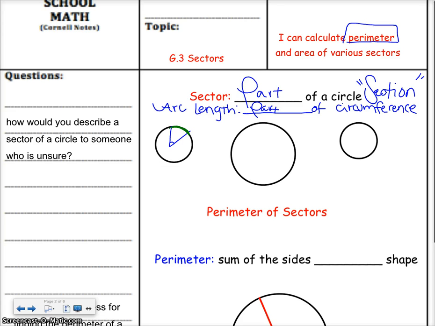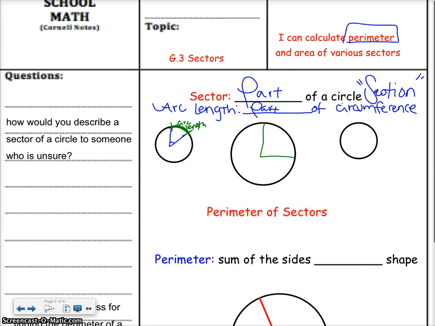So this is an arc, and then the length means how far does that arc go, okay? So this little section here is really the arc length. And what we're going to be able to do today is calculate arc length and then find the perimeter of a sector. And let's give ourselves some more visuals.